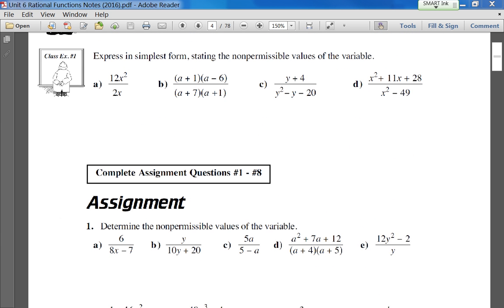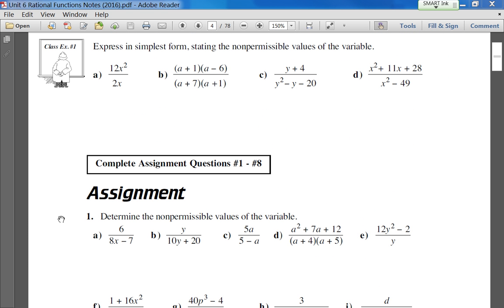Okay, so back up to the class example 1. Let's try part B. Now what do you notice about part B that's already factored? So when we go to cancel, I mean, you need to cancel out objects that are on the top and the bottom that are identical. Everybody okay with that?